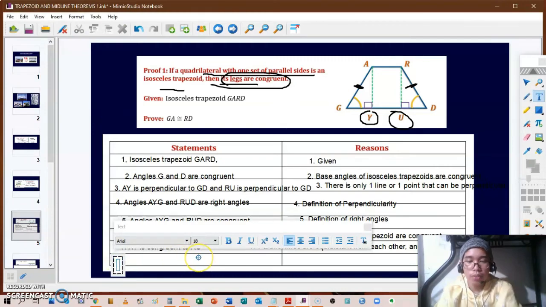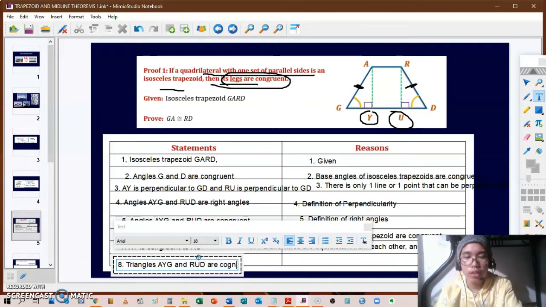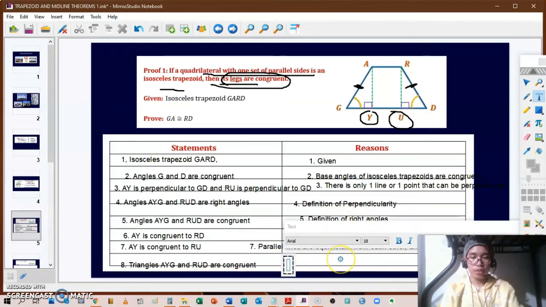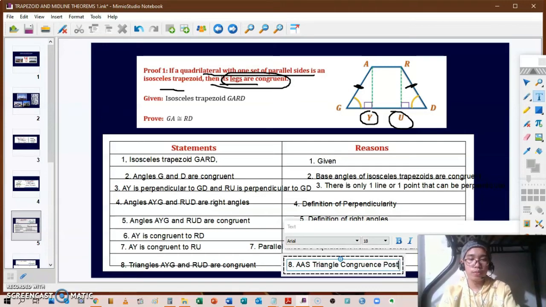We can see here for number 8 that triangles AYG and RUD are congruent. So they're congruent, using the AAS triangle congruence postulate.